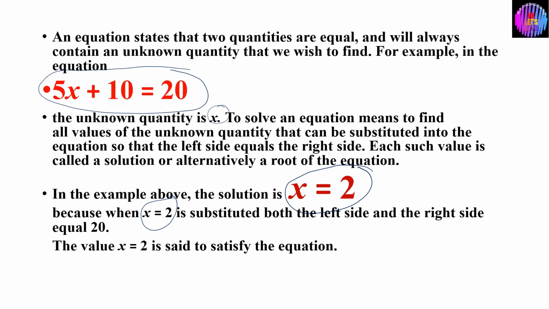Look at how we can solve it. Substitute 2 in the place of x, we get 5 into 2 plus 10. 5 twos are 10, plus 10, that equals 20.